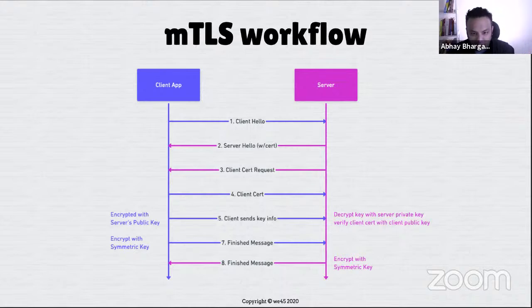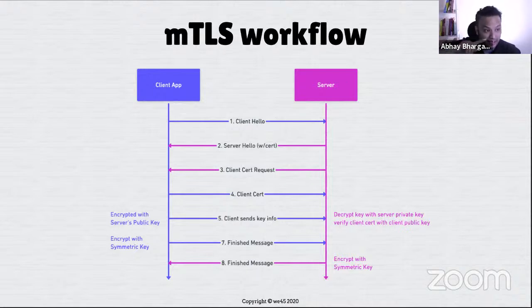So you have the client hello, and then you have the server hello, and then a cert request. And then the client sends across its certificate, and then there is a system of encryption where the client encrypts its data with the server's public key and sends it across. The server can only decrypt it with the private key and then verifies the client cert.